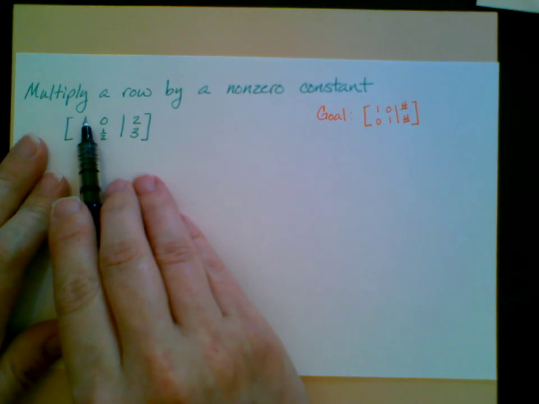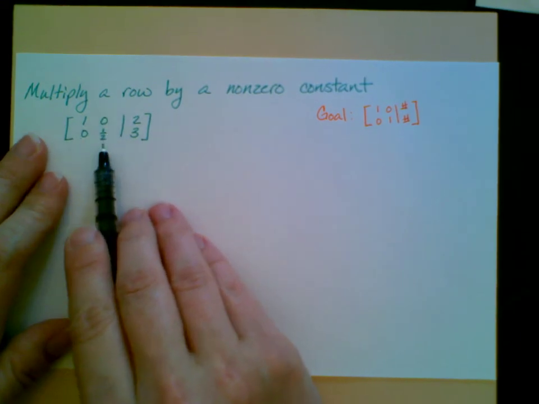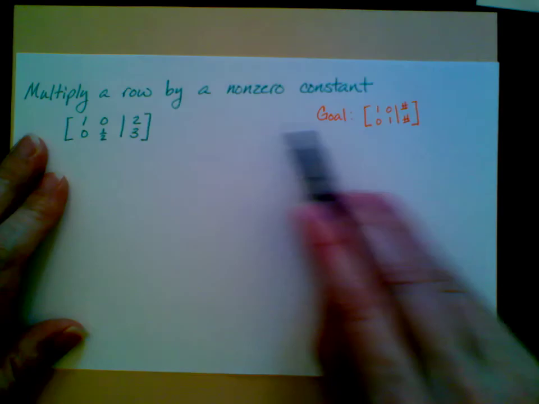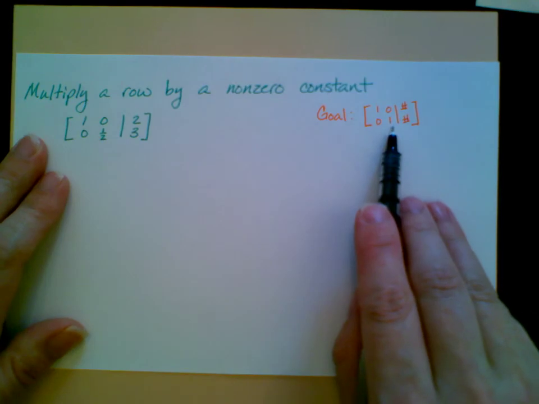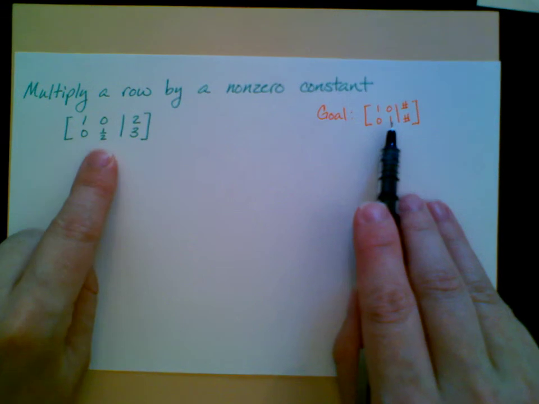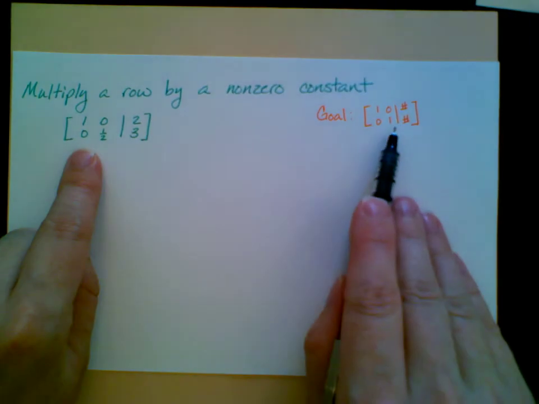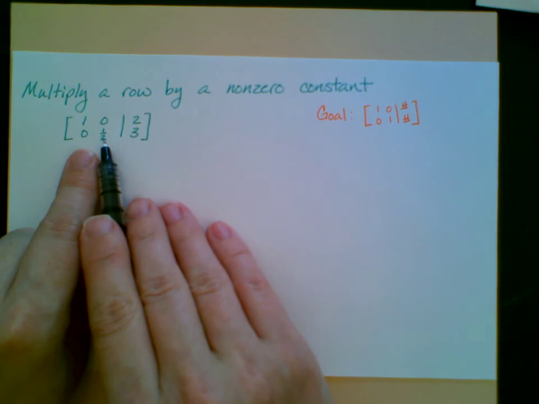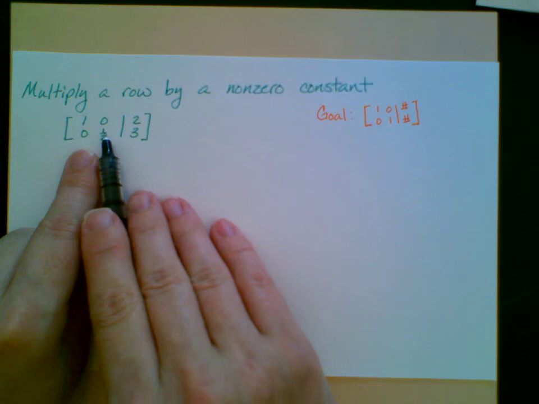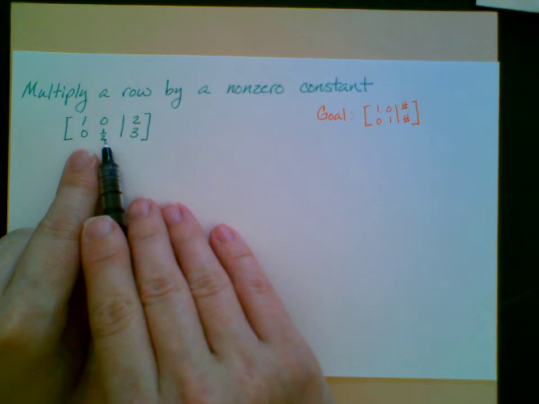I've got a 1 and a 0 and a 0 and a 1/2 here. This 1/2 wants to be a 1. The way that I can always reliably get a number to change into a 1 is by multiplying it by its reciprocal. So the reciprocal of 1/2 is 2.